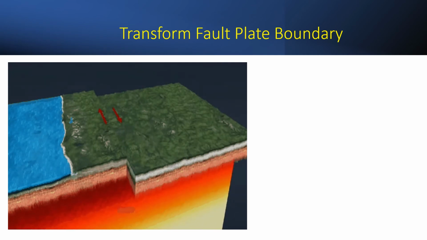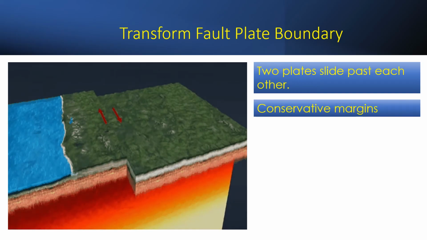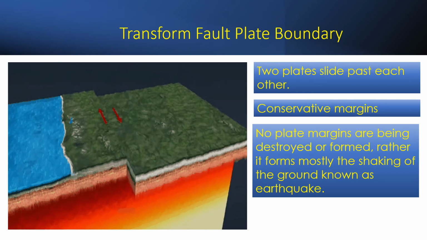Third type of plate boundary, we have the transform fault plate boundary. Two plates slide past each other. It is also called conservative margins because no plate margins are being destroyed or formed.